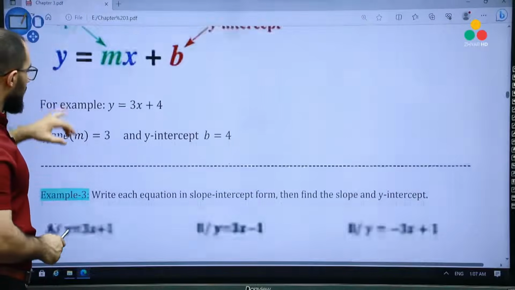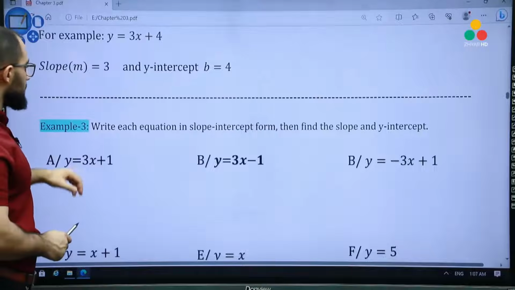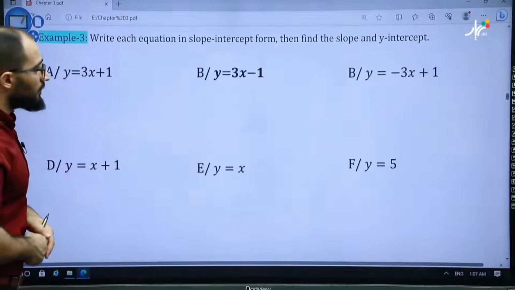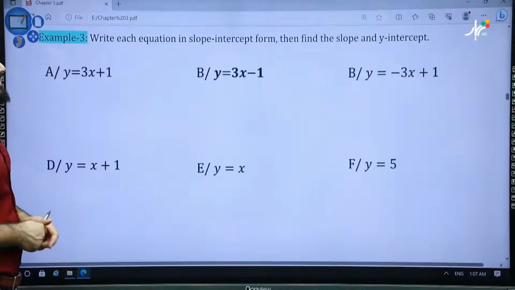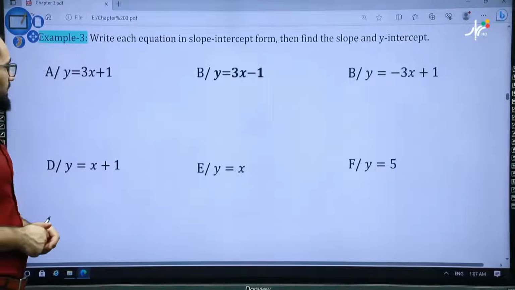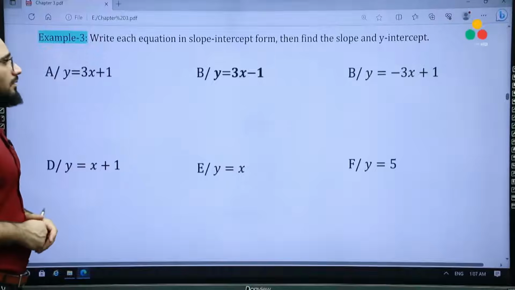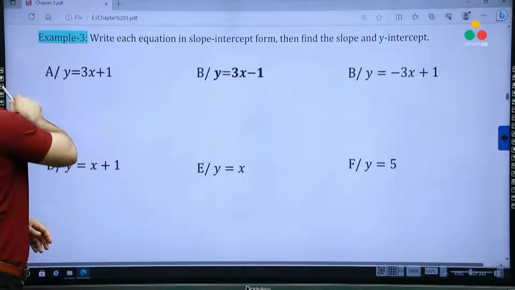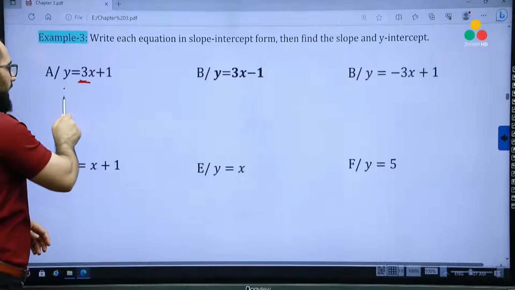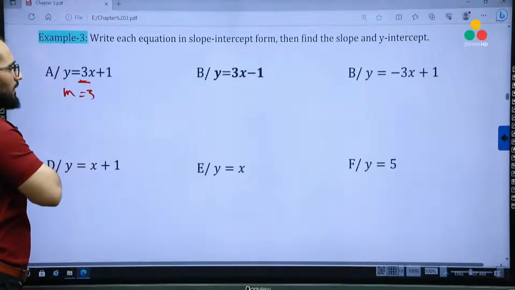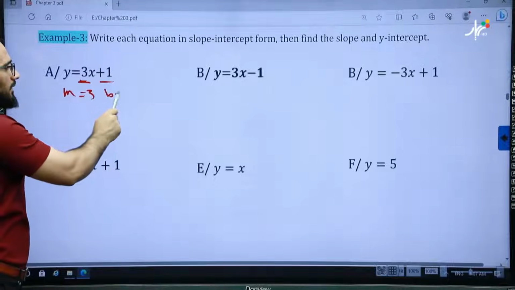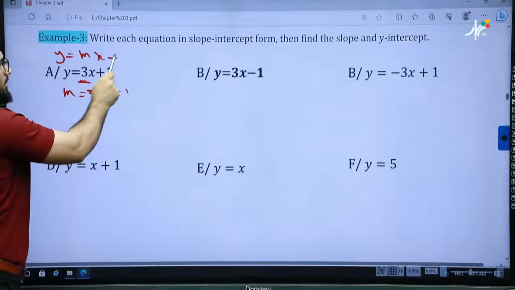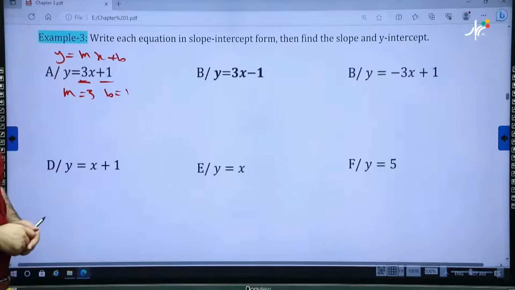Okay. So here we have some examples. It says write each equation in slope-intercept form, then find the slope and y-intercept. In the first one, here, it's quite clear. M is equal 3 and b is equal 1 because it's equal mx plus b. It's in that form.